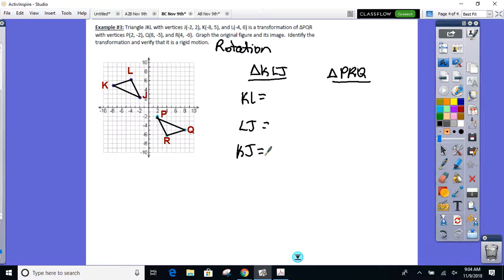You guys, PQ. Group over near the door, QR. And we'll go to that group there, PR. And 2 of the sides should be in simplest radical form.